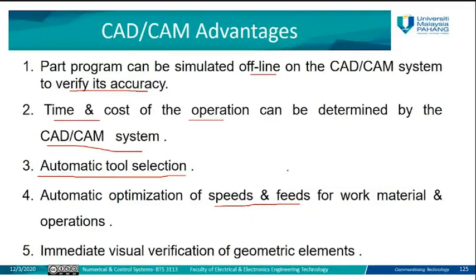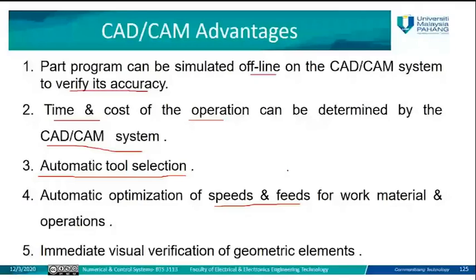So they have a definition of speeds or an array of speeds and feed rates. So the CAD and CAM system here will be able to select the most efficient or optimal value for feed rate and speed to accomplish this task, and what the best material to be selected is, and so on. So all these represent the advantages of CAD/CAM over the previous two methods of part programming.